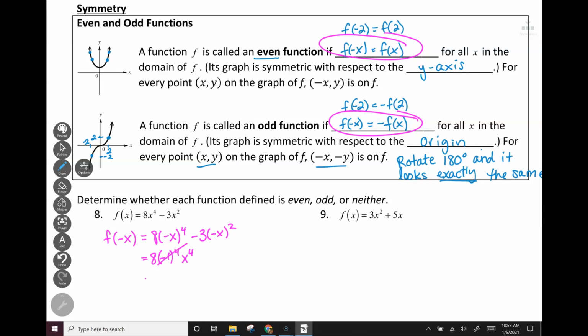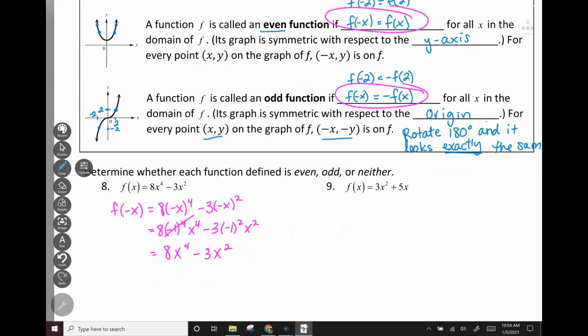So 8 times 1 is just 8, and then I have x to the 4. So you see how if you raise a negative x to an even power, that negative is just going to go away. Same thing applies here. You could do negative 1 squared, x squared. Negative 1 squared is just 1, so that's just minus 3x squared.